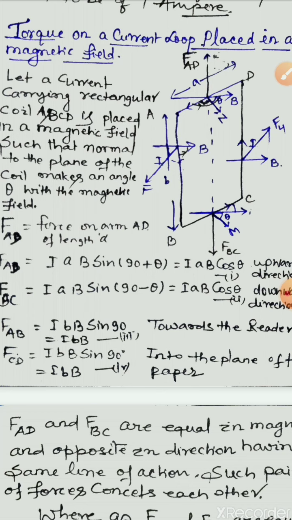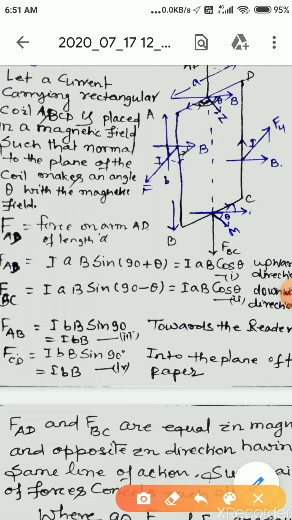So this is I b B sin 90, and its direction: this is the direction of I L and this is the direction of B. So I L cross B, anti-clockwise, it is towards the reader.